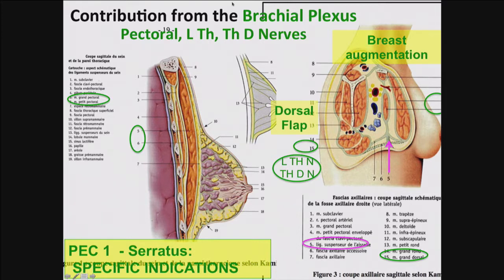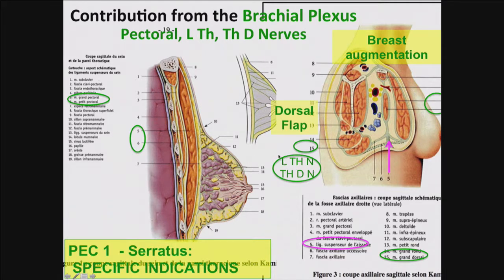Secondly, this area receives some fibers from the brachial plexus, which are the pectoral, the long thoracic, and thoracodorsal nerves. The pectoral nerves are located in this area exactly between the PEC major and PEC minor.